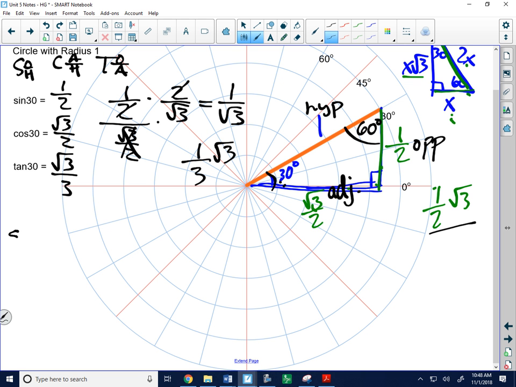Or, here's what I'm going to do, to get sine 60, cosine 60, and tangent 60: remember how they're related, like cosine of one angle and sine of the other angle? You could go back and relabel and it would work, but I'm just going to use the fact that we know this.